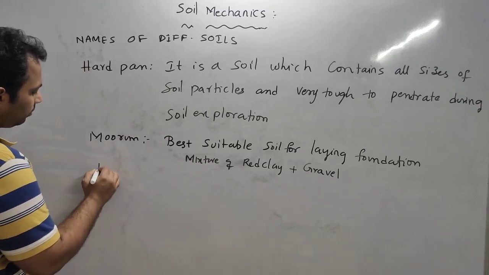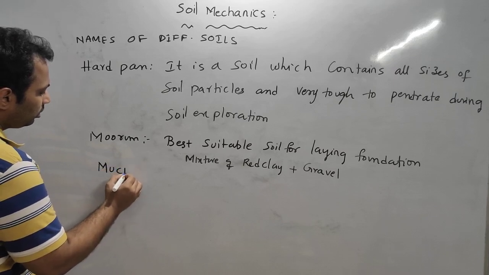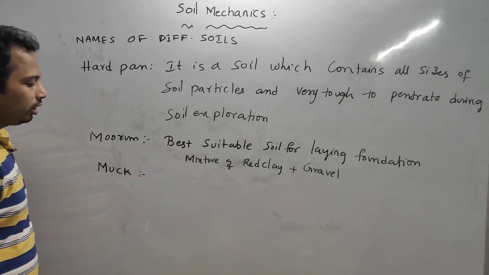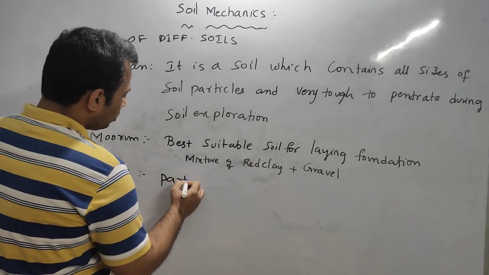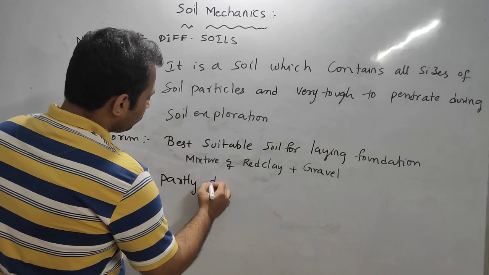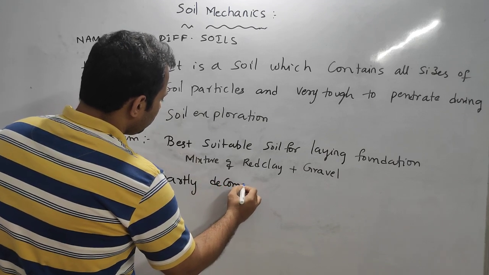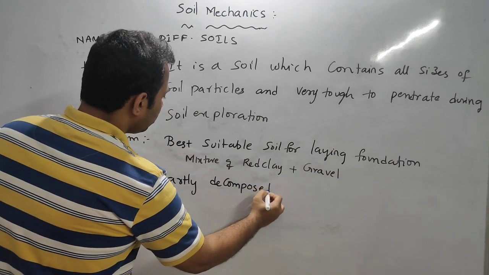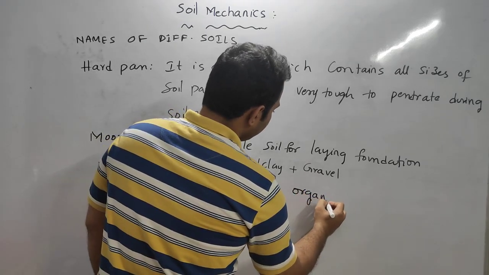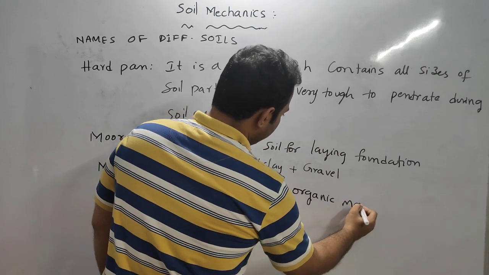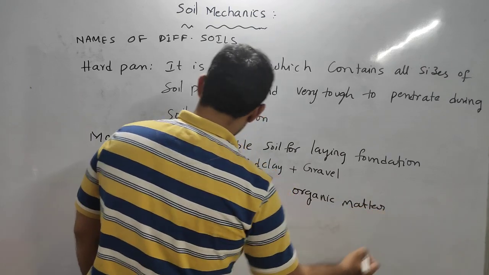Next is muck. It is partly decomposed organic matter. So it is an organic soil.